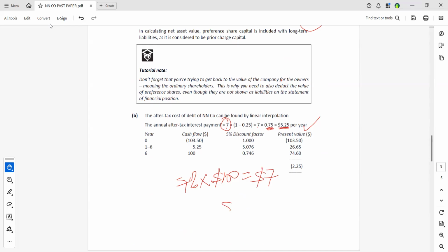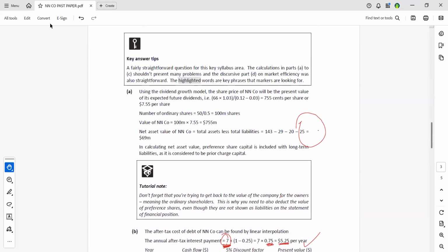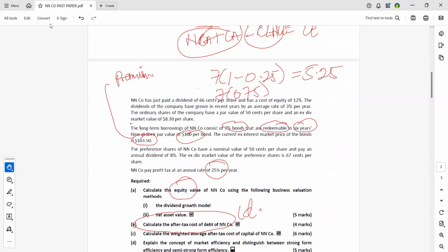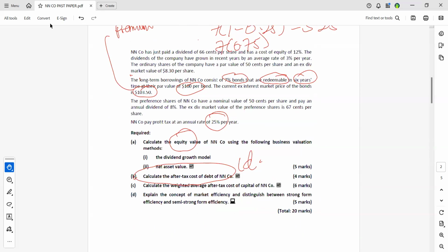But this $7 will now, with the Modigliani and Miller propositions, take 0.25, and that is what will give us 5.25. I've seen a lot of instances where students think that this 7 here is a percentage. Please, it's wrong.